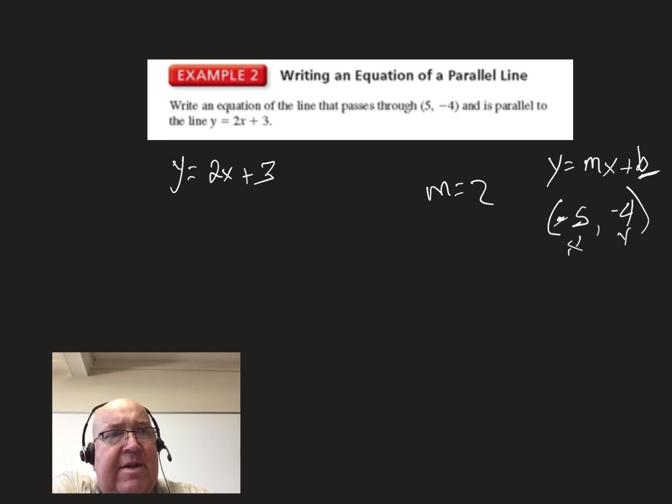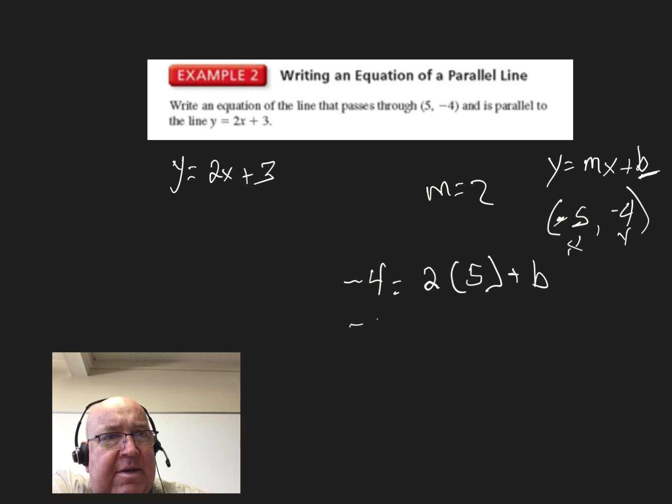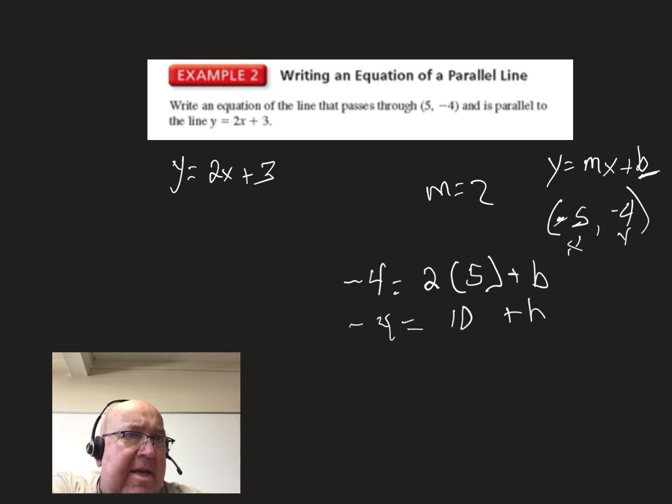So our y value is negative 4. Our slope m is 2. Our x value is 5. And then we're going to be looking for b. Go ahead and multiply 2 times 5. And then we want to solve for b, so we're going to subtract 10.